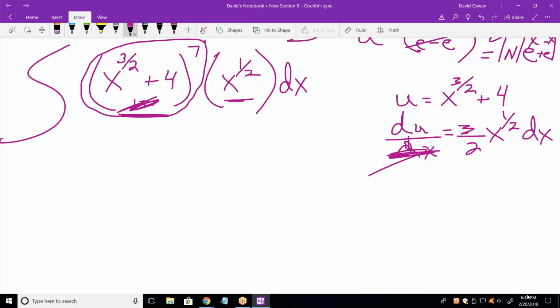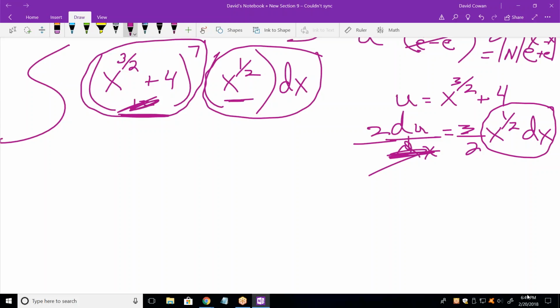Now, before we go further, before we do it the way I've been doing it, notice one thing. I can immediately, if I want, take this 3/2 to the other side. Now that x to the 1/2 dx, I'm staring right at it in the face.